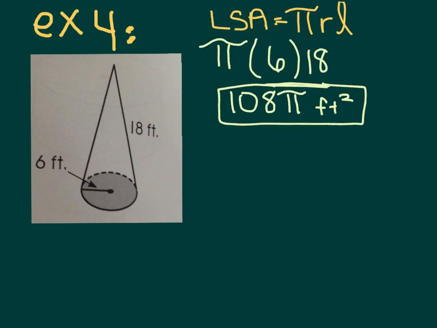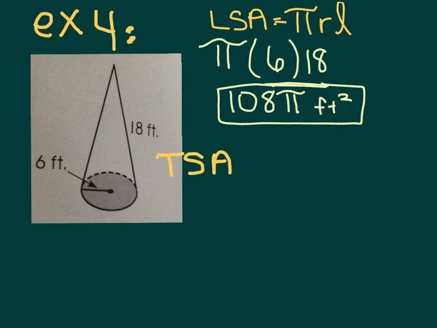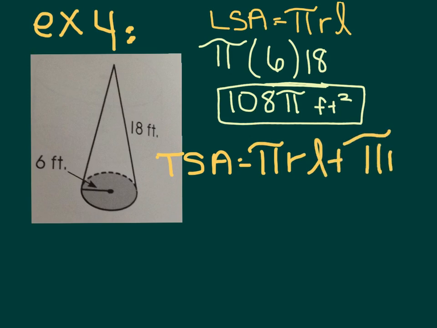Okay, I'm going to move this up. And now we're going to do our total surface area. So for total, we got our pi rL plus pi r squared. You'll notice on this one, we don't have 2 pi r squared because there's only one base. So we just want to do that circle area once. Okay, the first part, that's what we just did. That's that 108 pi.